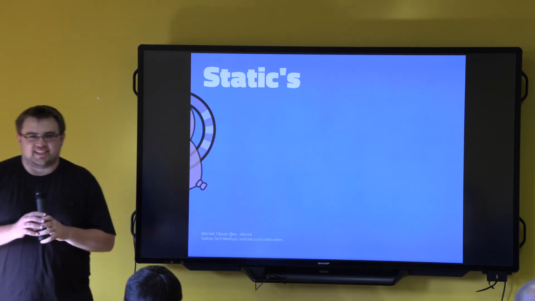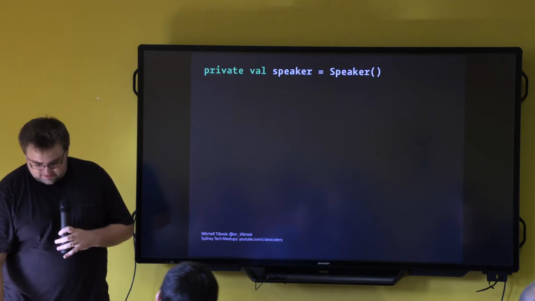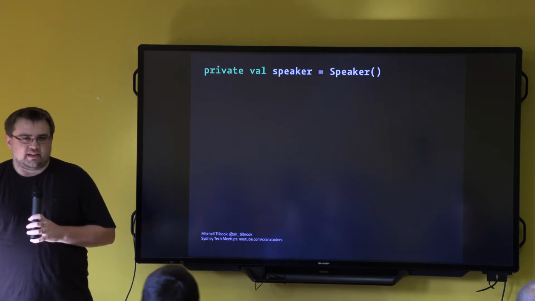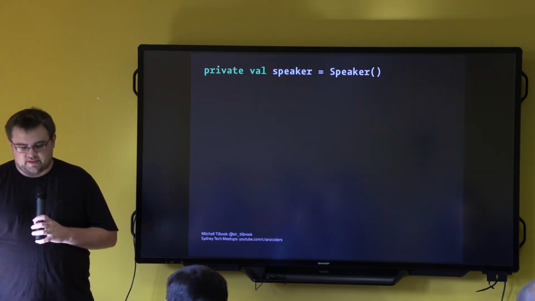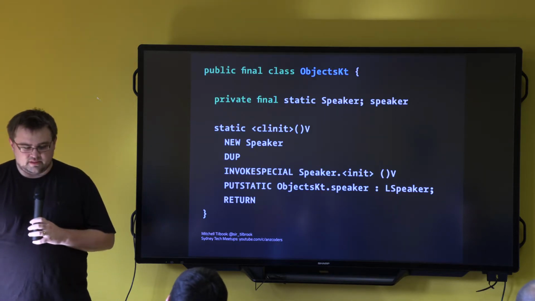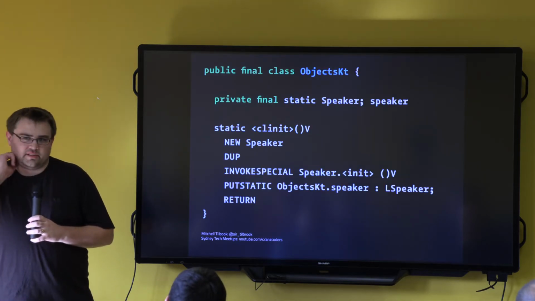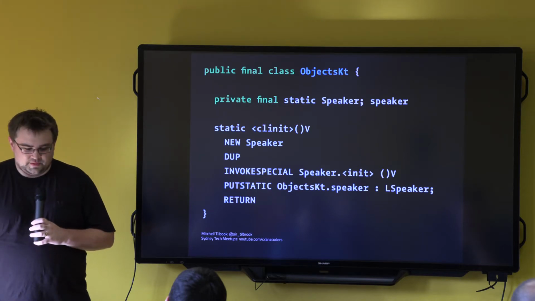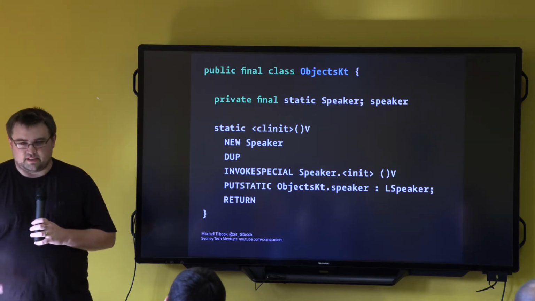Alright, so let's move on and look at statics. If you declare a value inside just a file by itself, what that will compile out to is, it will take the name of the file that you referenced it from, and it will then create a private static final field.